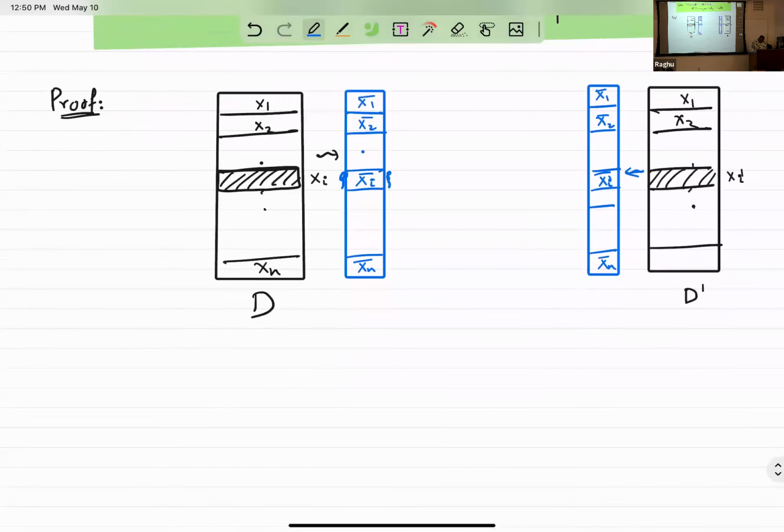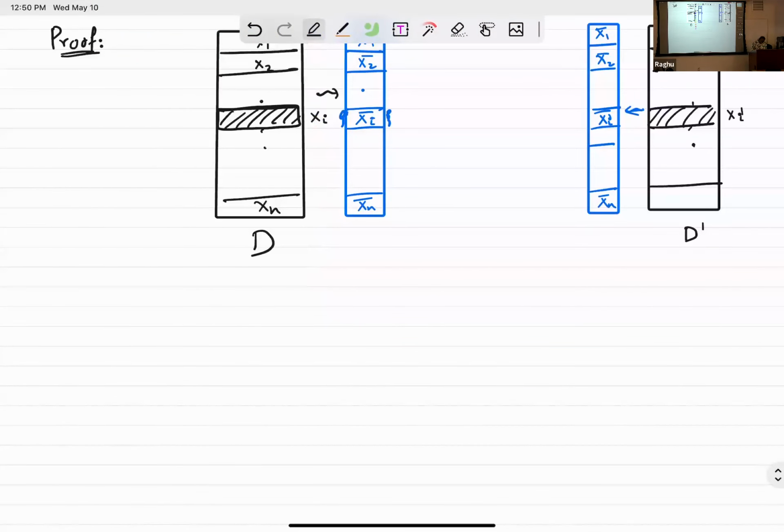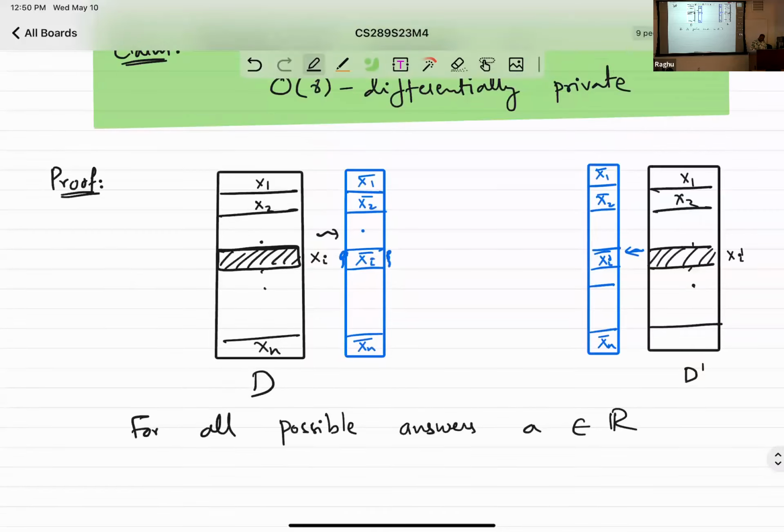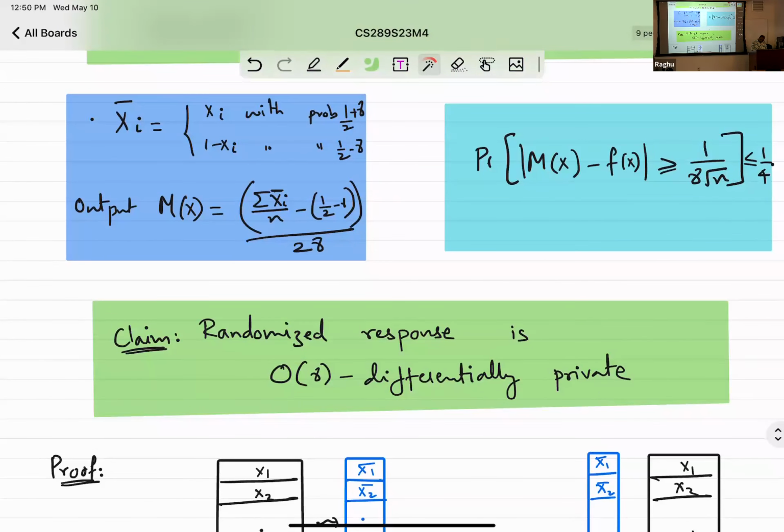And now what do we want to know? We want to compare for all possible answers. The answers are real numbers, right? You're computing some real number and releasing it to the people.